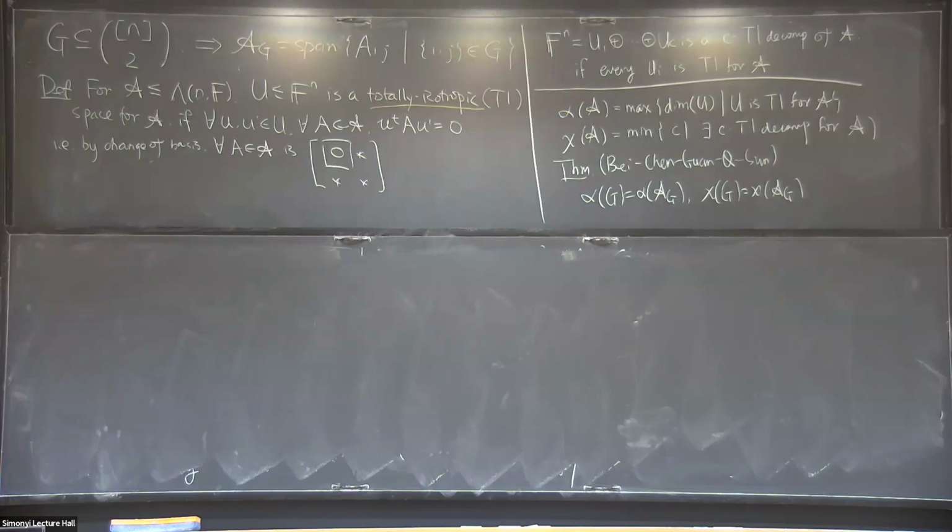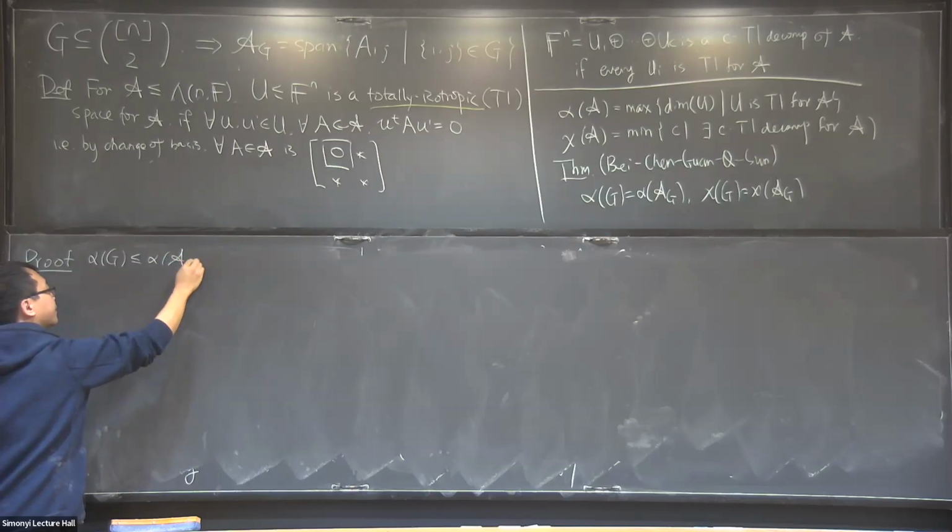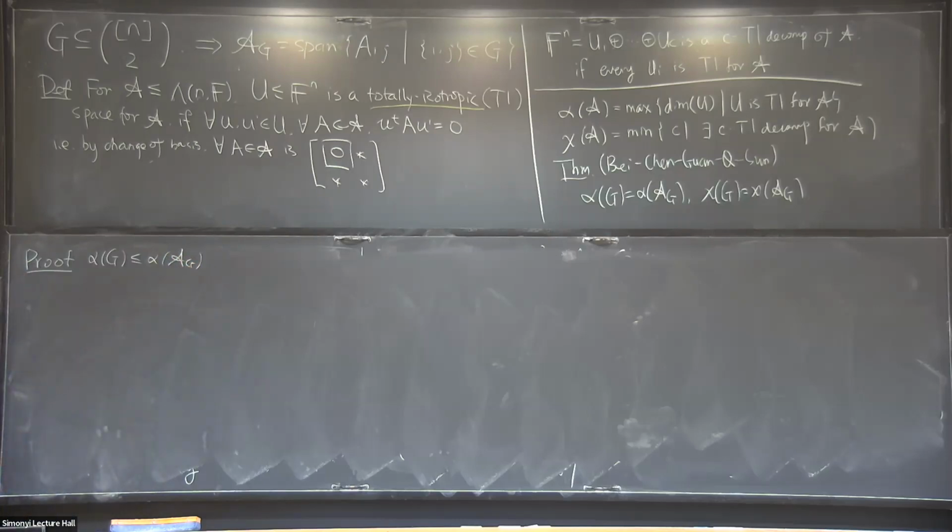Okay. So I talk about the proof, which is simple. I'll just prove it for alpha. First, alpha(G) is equal to alpha(AG). Of course, you start with: let S be an independent set.